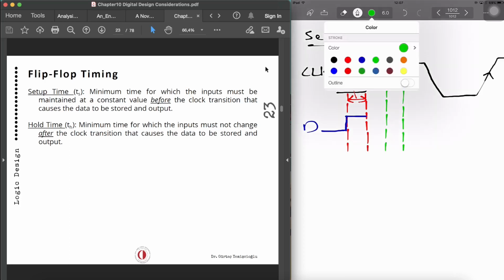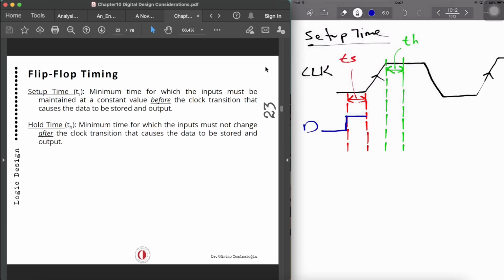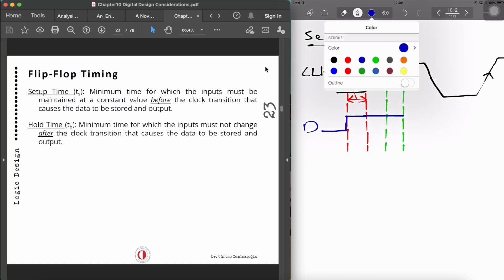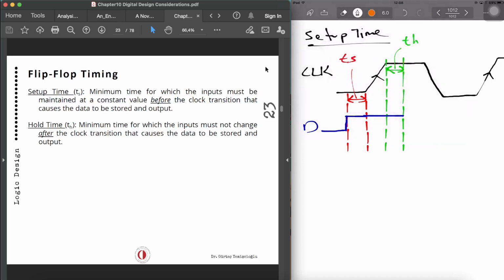Okay, and that means our D input, which is 1, stays 1 until that point. And then if you want to change it to 0, you can change it after that. Or if you want to keep it 1, you can keep it 1. But from this point further, from here to there, your D input needs to be stable.